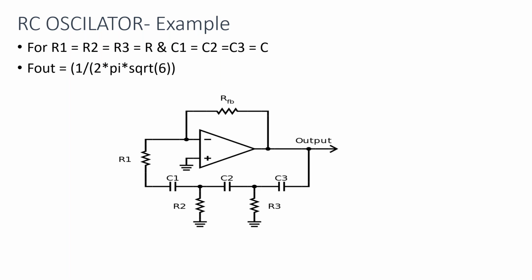You should be able to work out this frequency on your own. That is the knowledge or skill level we'll be expecting if you want to enter this area. The frequency will depend on the RC components.